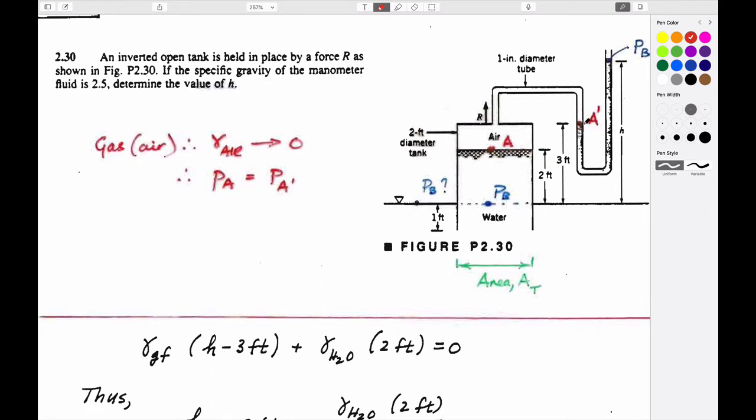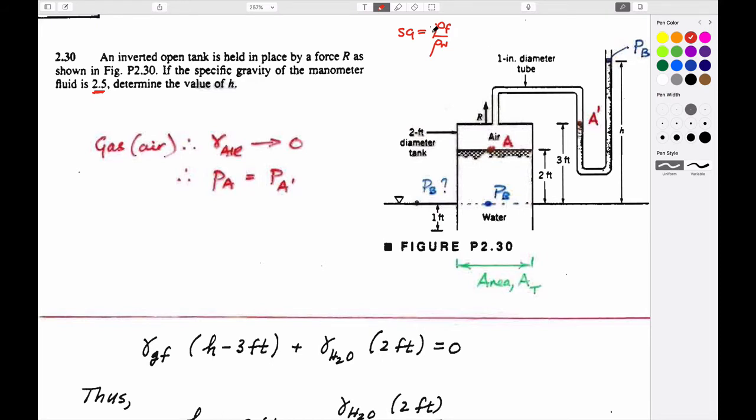So here's an example of a bucket upside down that has a pipe coming out of it and a manometer fluid. This is some kind of gauge fluid. In this particular case, the gauge fluid is 2.5 times the density of water. Specific gravity, we really haven't talked about, but it's equal to the density of the fluid divided by the density of water, by definition.